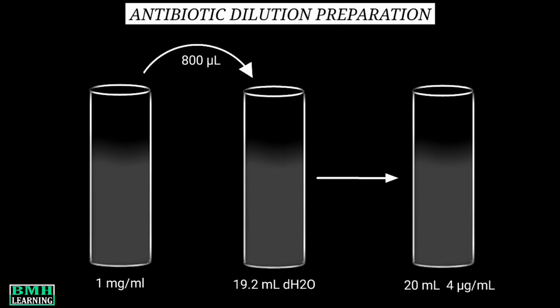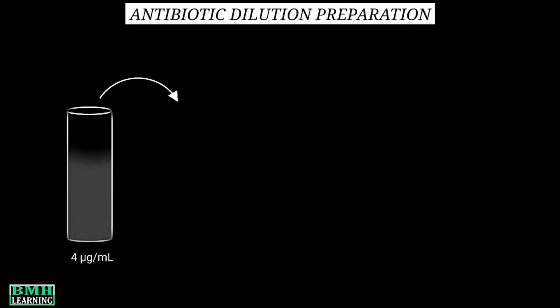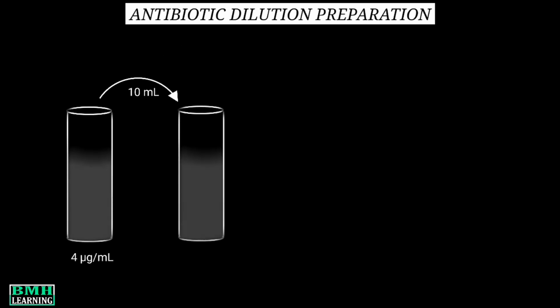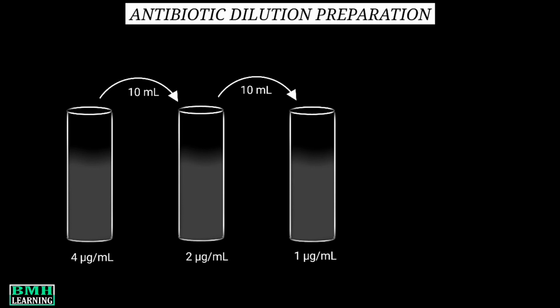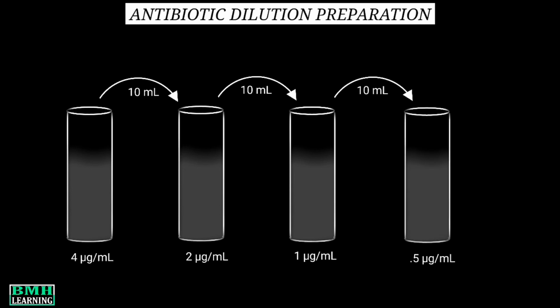From here on, we are going to double dilute by serially transferring 10 ml from each tube. So for that, we transfer 10 ml to make 2 microgram per ml. And then to the next tube to make 1 microgram per ml. And similarly to the next one, which would give 0.5 microgram per ml. And this goes on.